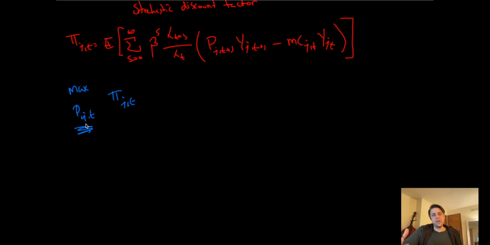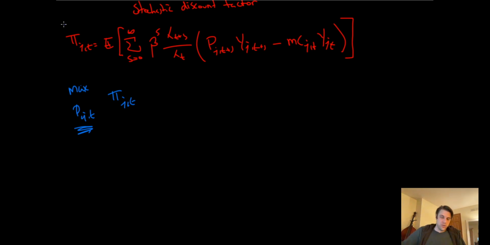We would get that for PT, and we wouldn't have any inflation because every single period the firm would just update its price to be the new price, and everybody would update its price to be the same new price because we know that MCT is the same for everybody, and we know that lambda t is the same for everybody. And so we have no reason to suspect that YJT is going to be different for anybody, or that PJT is going to be different for anybody. So everybody chooses the same price and everything's the same, and we're done.